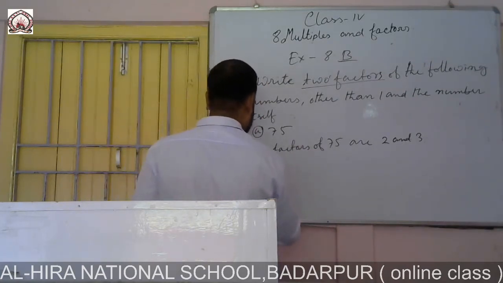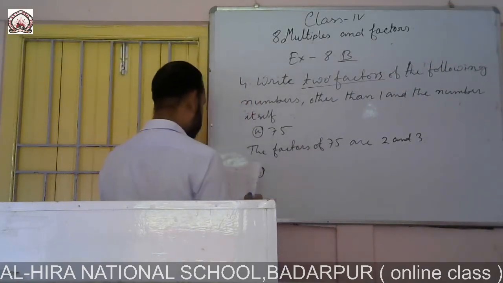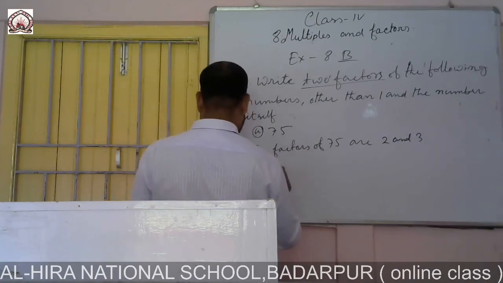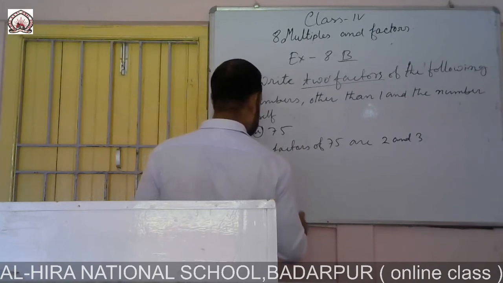Next we have question number B. Two factors of 84, same as before.